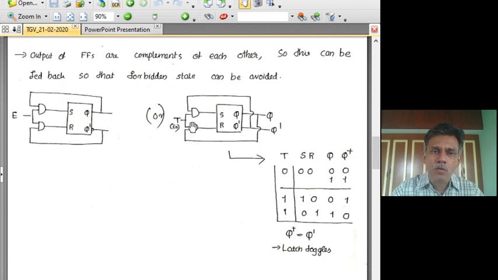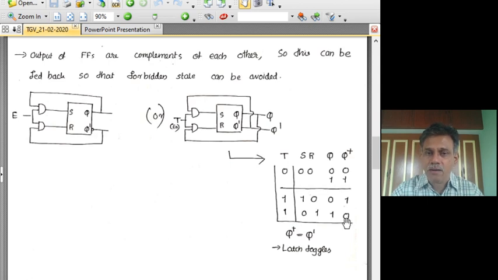So suppose we give T equal to 1 for an extended duration, then if Q was originally 0, it will toggle to 1, but because T continues to be 1, having toggled, Q plus after some time will be treated as Q for the future calculation, and that will become 1, and as a result it will again toggle and become 0.